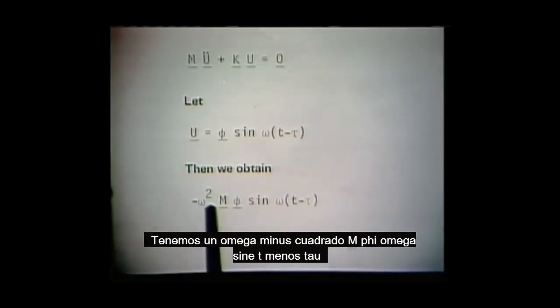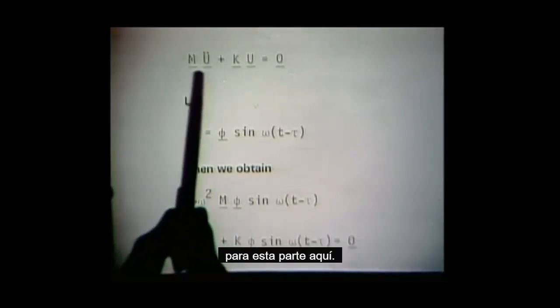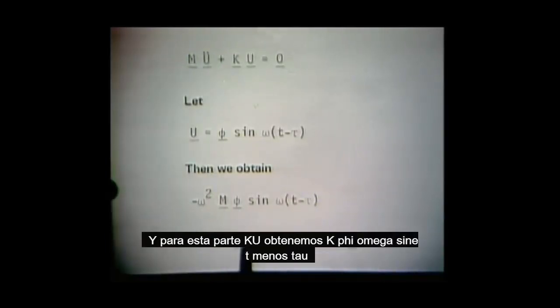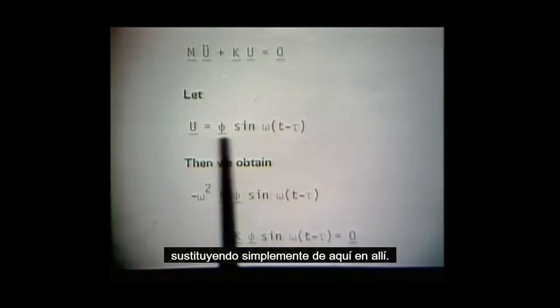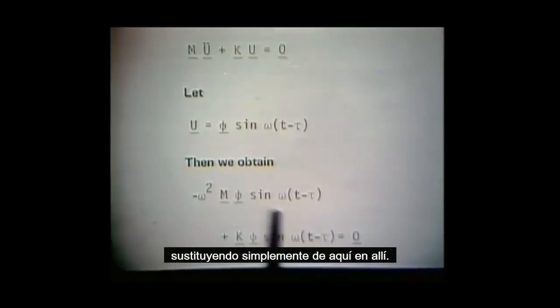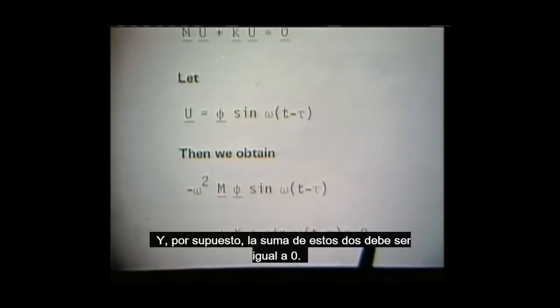We have a minus omega squared M phi sine omega t minus tau for this part here, and for this part Ku, we obtain K phi sine omega t minus tau by simply substituting from here into there, and of course the sum of these two must be equal to 0.